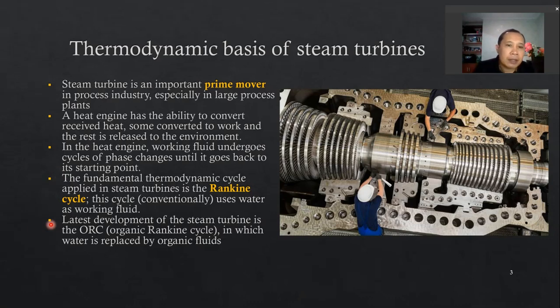There is a latest development in using the ORC or organic Rankine cycle, whereby we replace the water with organic fluids that can be vaporized and condensed at much lower temperature than water. Okay, and this is useful when you have a source of heat that is available at too low a temperature for practical use with steam-based Rankine cycle.